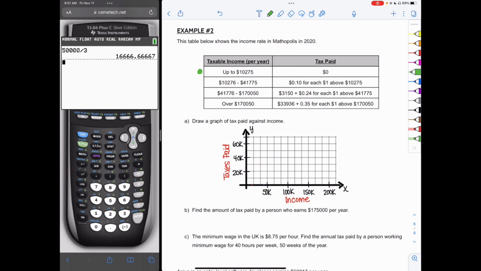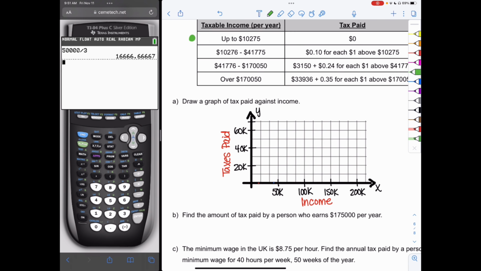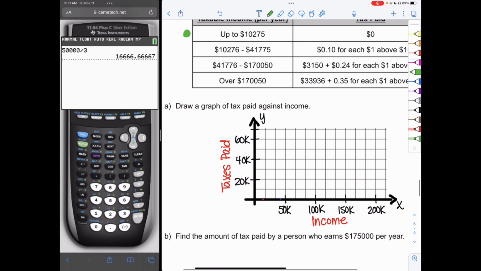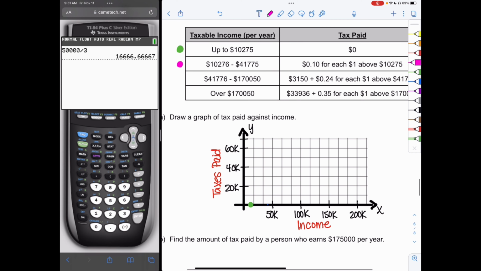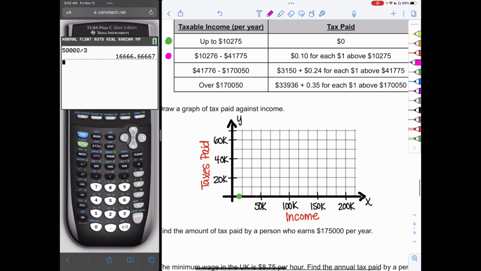If I'm looking to graph 10,275, that falls below the first indentation, so it'll be somewhere in here, and I have to pay no taxes, which is why I put it on the axis. The next thing I need to graph is the next tax bracket, where you pay 10 cents for each dollar above $10,275.